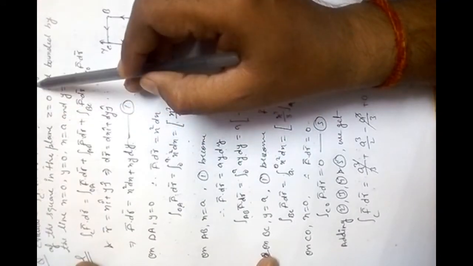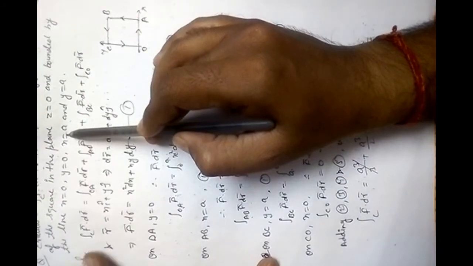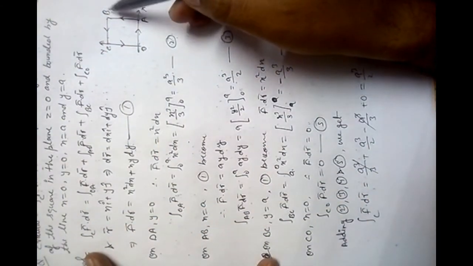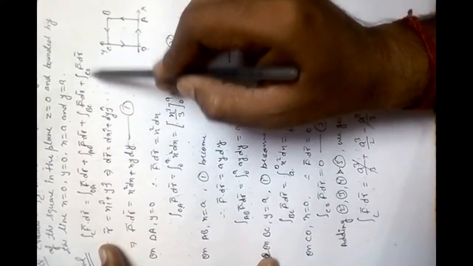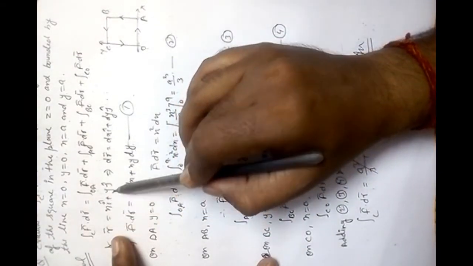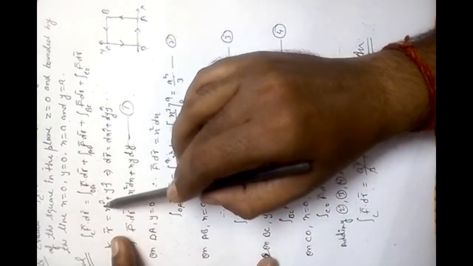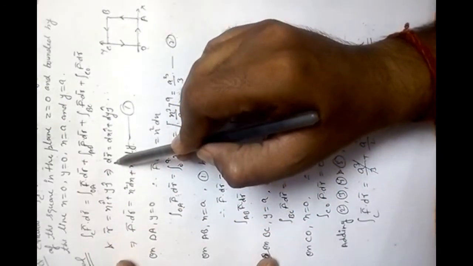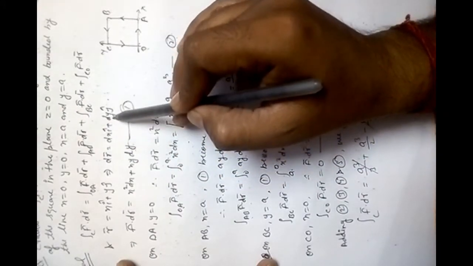Okay, here vector r is this one, x is 0, y is 0, x is a and y is a. So integral f dot dr is over 0 to A, A to B, B to C and C to O. And vector r is xi plus yj plus zk. z is 0, that means zk is removed. So r is xi plus yj, then dr is dx i plus dy j.